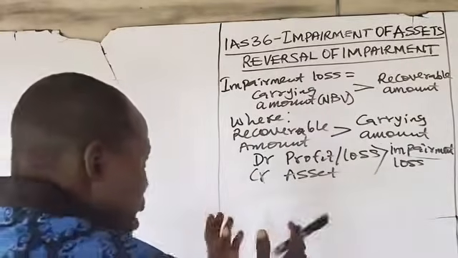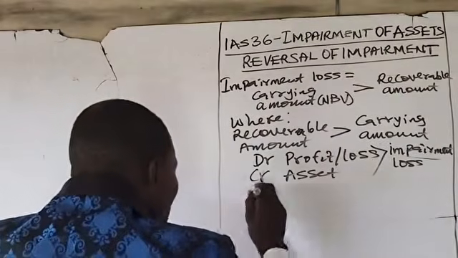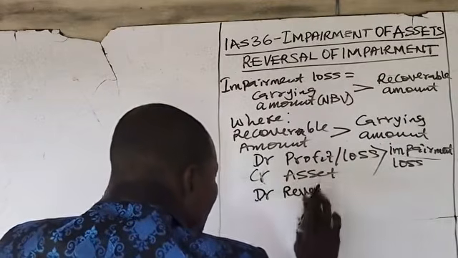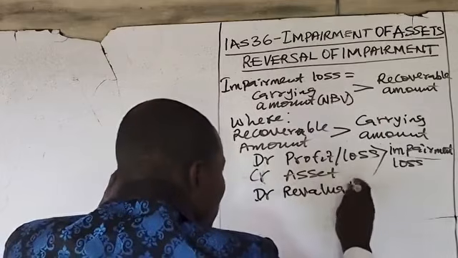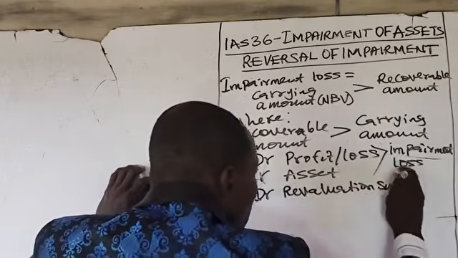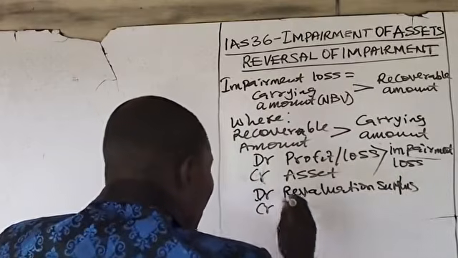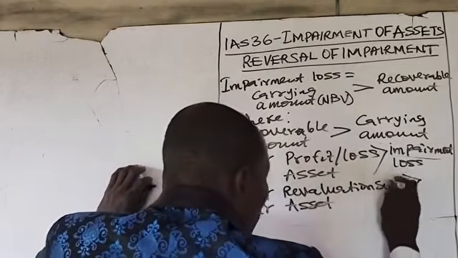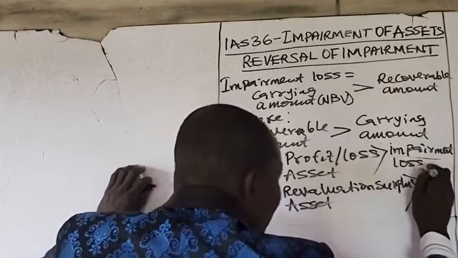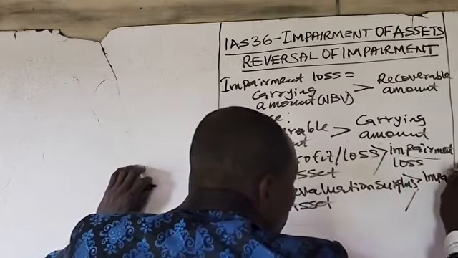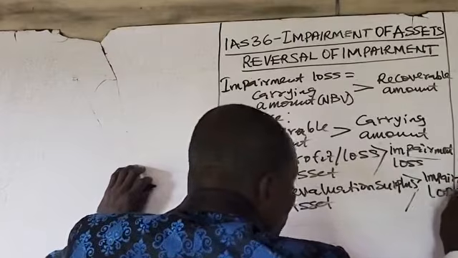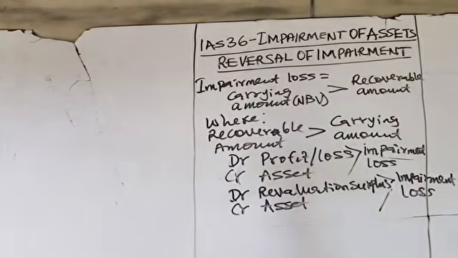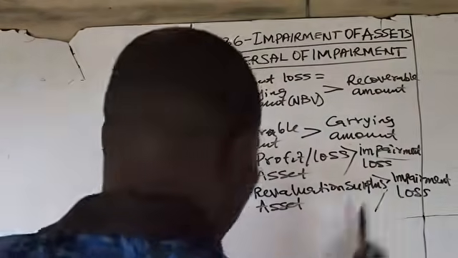And if the impairment loss was treated as a revaluation offset, the double entry would have been to debit revaluation surplus and credit the asset account with the impairment loss so recognized. That is the double entry to make when an asset is impaired.